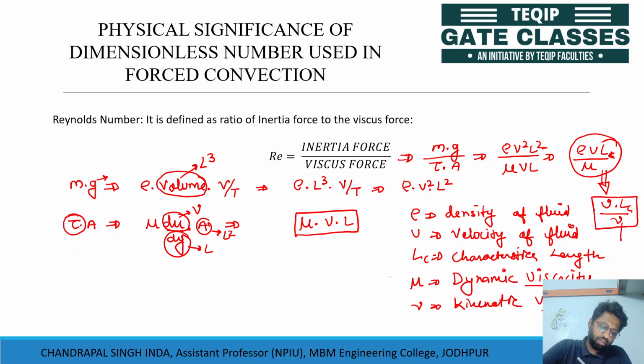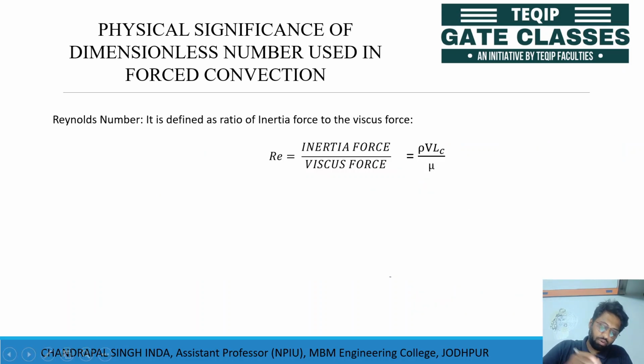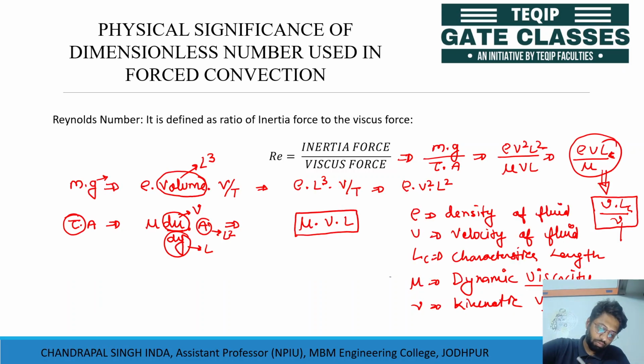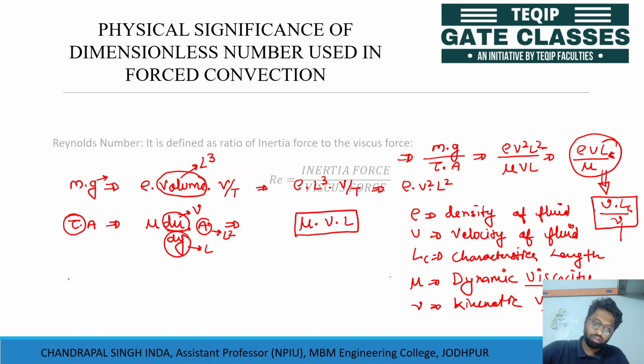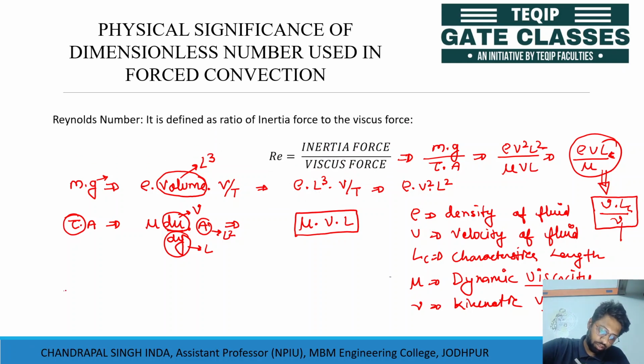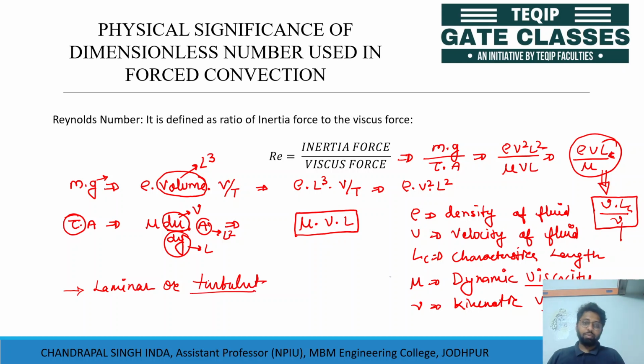The Reynolds number signifies whether the flow is laminar or turbulent, and it depends upon the value of the Reynolds number.